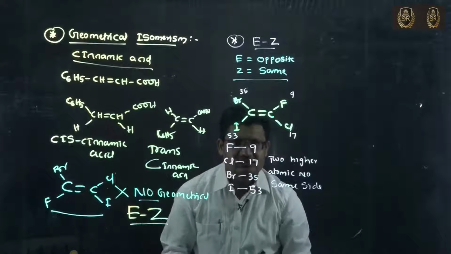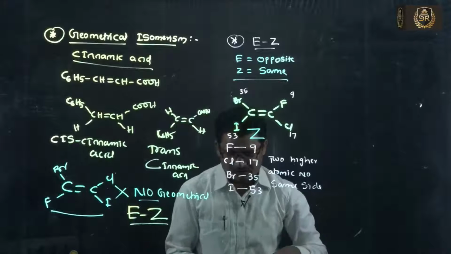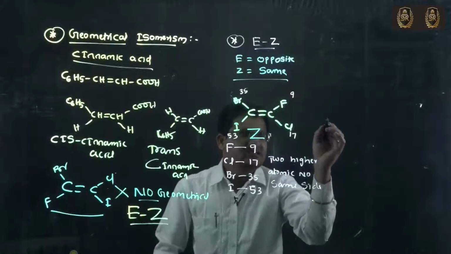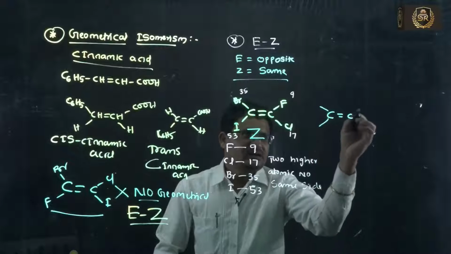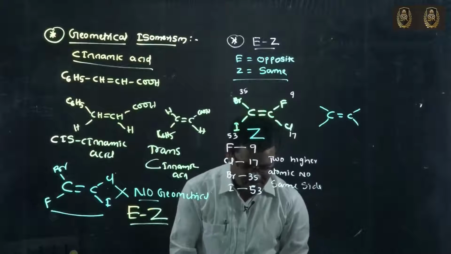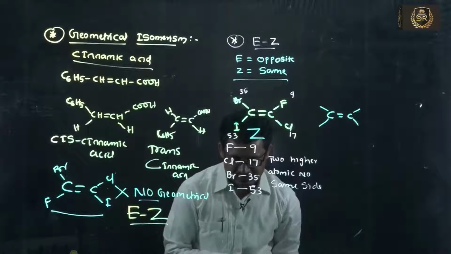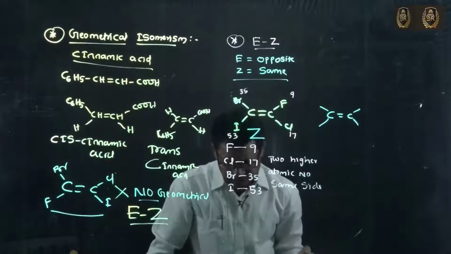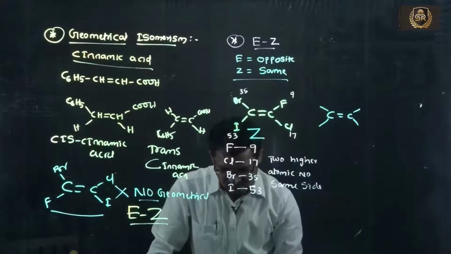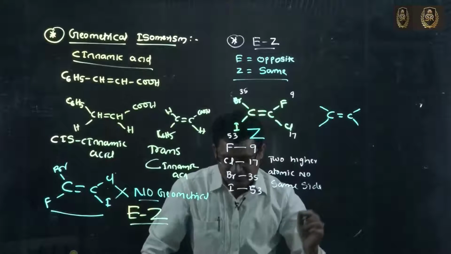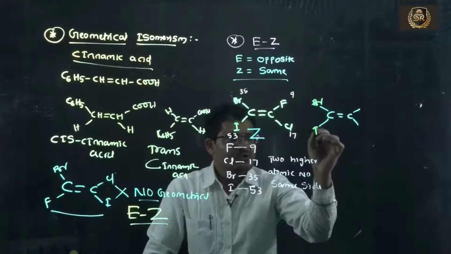What happens in E? C double bond C, I am writing in a different color: fluorine, chlorine, bromine, iodine, like this. The two higher atomic number atoms, Br and iodine, are on the same side.